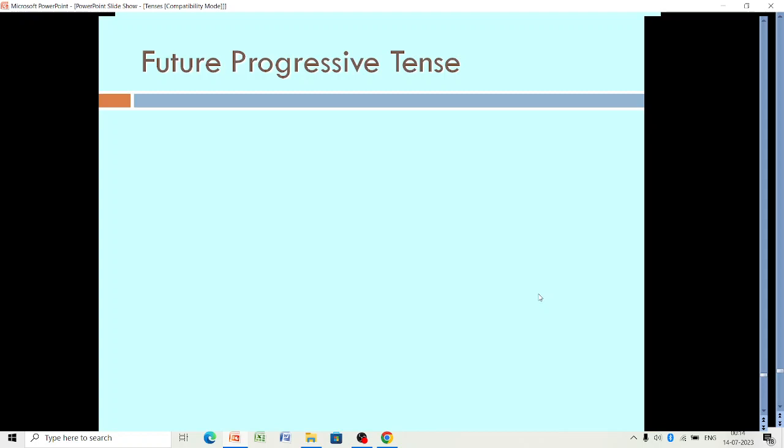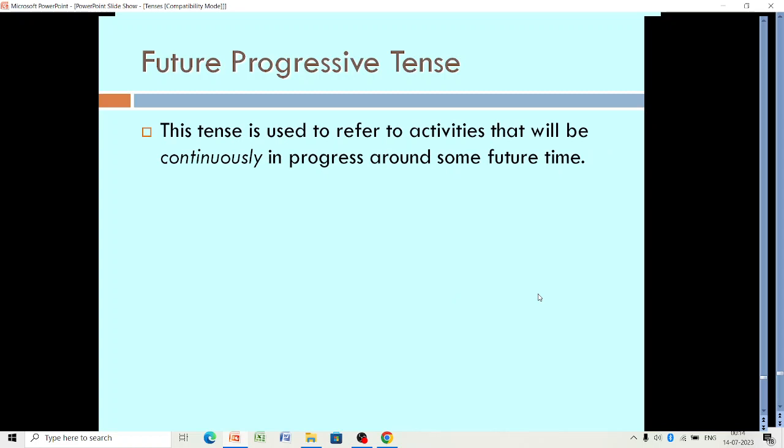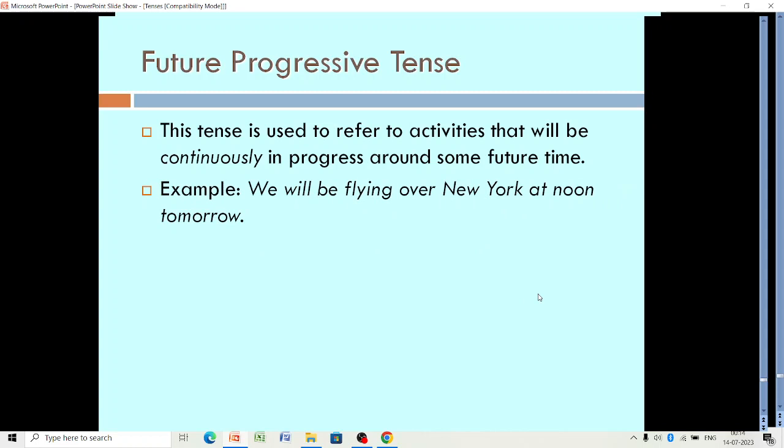Future progressive tense. That means future continuous. This tense is used to refer to activities that will be continuously in progress around some future time. We'll be flying over New York at noon tomorrow.